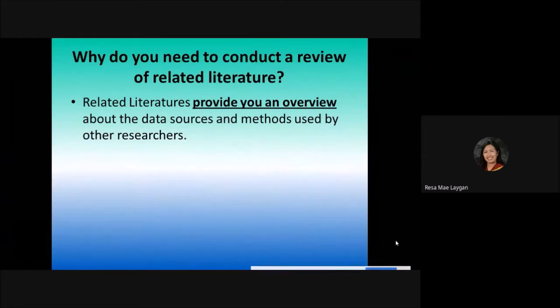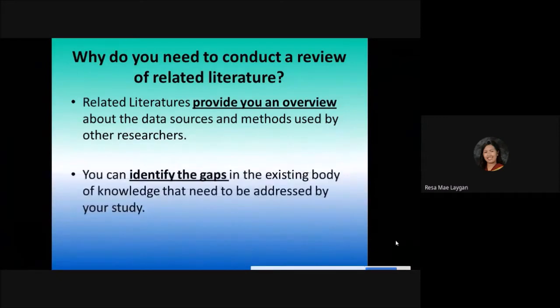In order to have enough knowledge or understanding about the data sources and methods that are applicable in your research. So you can also identify the gaps in the existing body of knowledge that need to be addressed by your study.